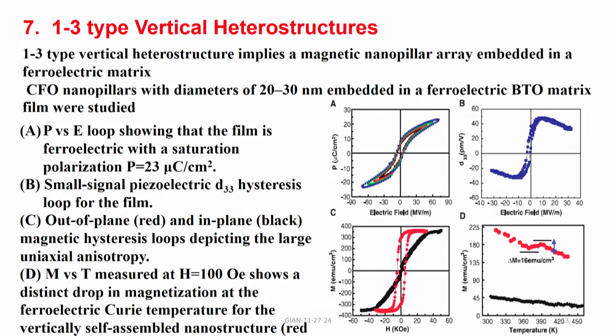This is a vertical heterostructure. It is also cobalt ferrite nanopillars in a barium titanate matrix, similar work. What I want to point out here is, look at this figure.